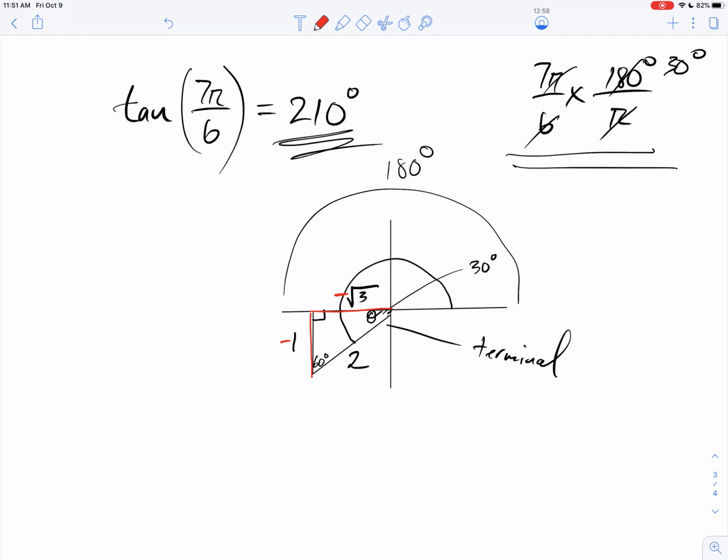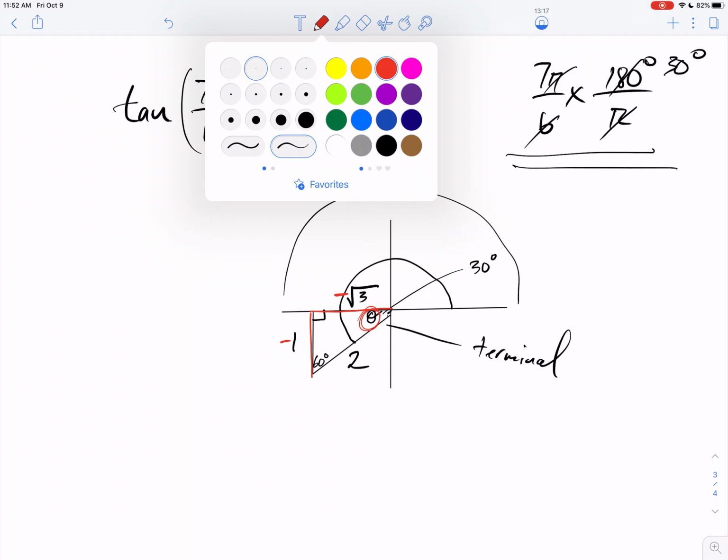You take the terminal side, you connect it to the x-axis, then you get what's called a reference angle. Once you have a reference angle, you can label the sides of your triangle, and then you could say, what did they want? The tangent? Okay, I can do that.